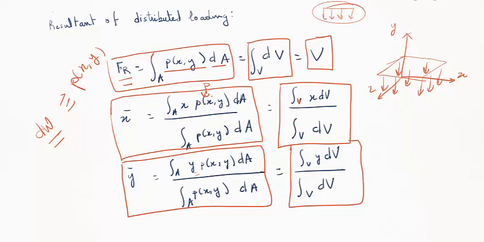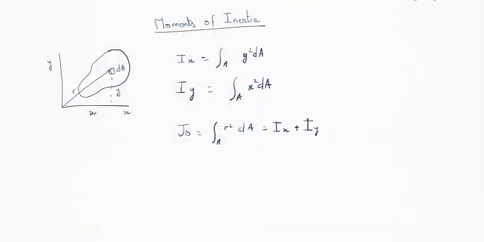Now, moving on. We'll just introduce and talk a little bit about moment of inertia. So, first of all, what is moment of inertia? The definition of moment of inertia is the mass property of a rigid body that determines the torque that is needed for a desired angular acceleration about an axis of rotation.